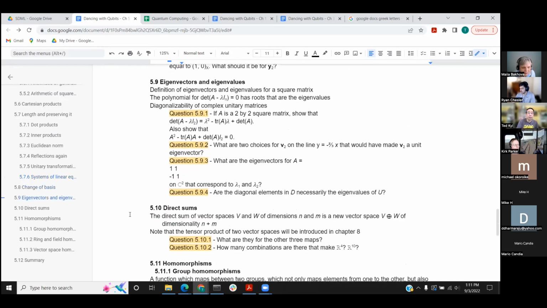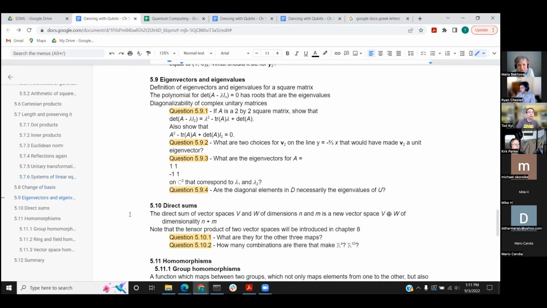All right. The next chapter is eigenvalues and eigenvectors, and it quite often involves change of basis to eigenvectors from the usual basis. So basically, the definition of an eigenvector is that you left multiply the matrix by that vector, and you'll get some multiple of that vector back out.